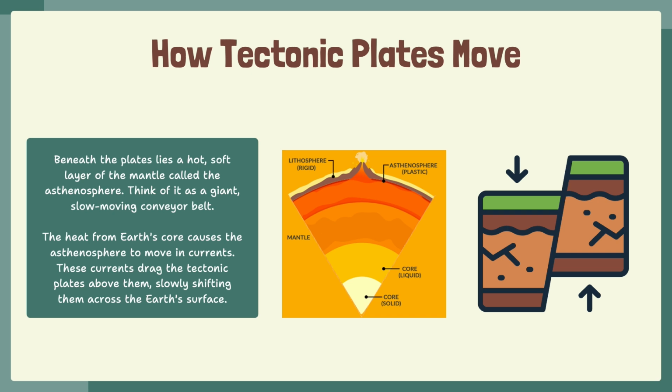That is a plastic layer beneath the lithosphere, aka tectonic plates. We can think of the asthenosphere as a slow moving conveyor belt, and this is because of the heat that is generated from the core of the earth.